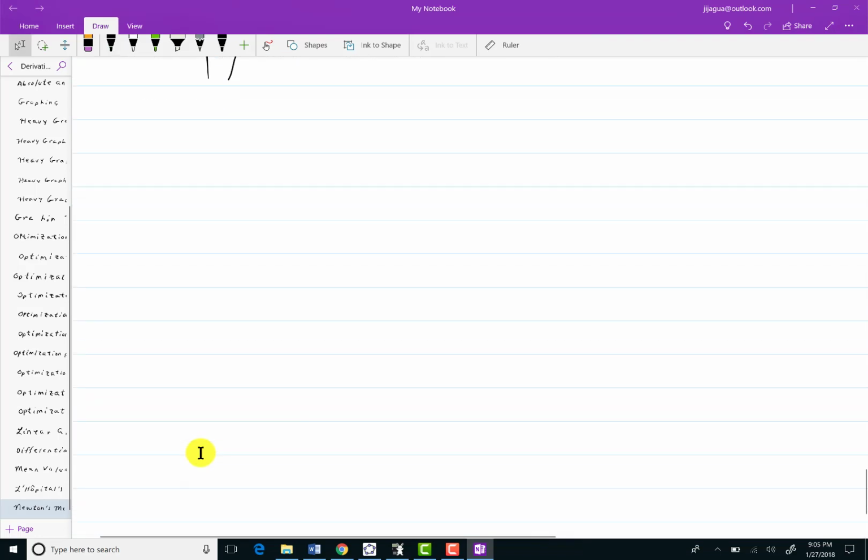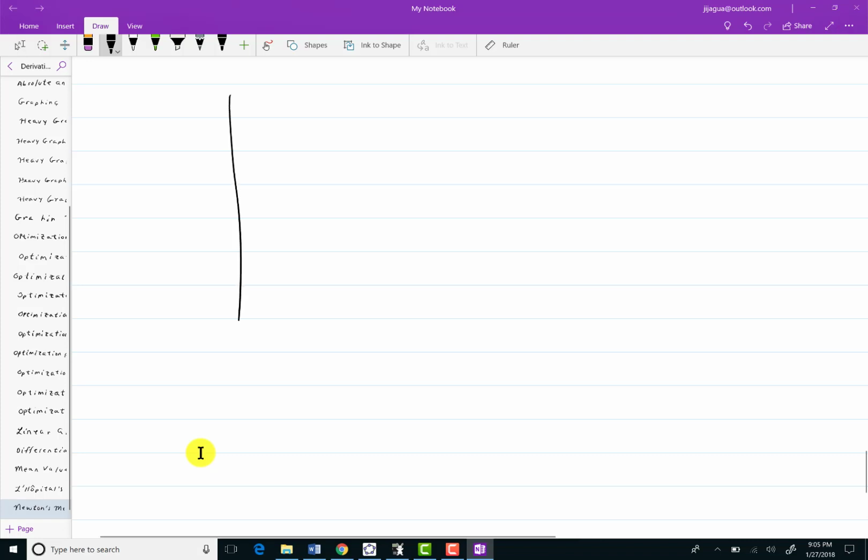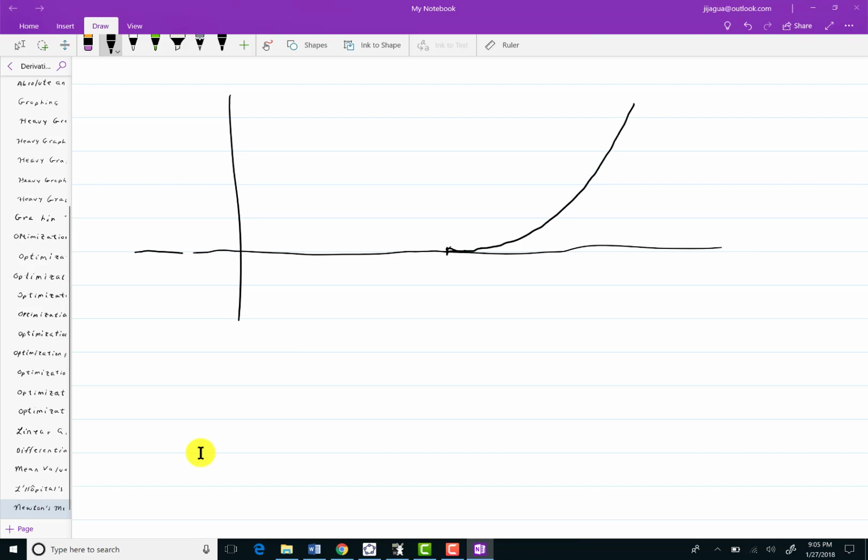Other things that might cause some issues are if you have something like a really, really wide kind of thing going on. I'm not doing it justice here, but this might be like x to the fourth, x minus x naught to the fourth, or whatever.